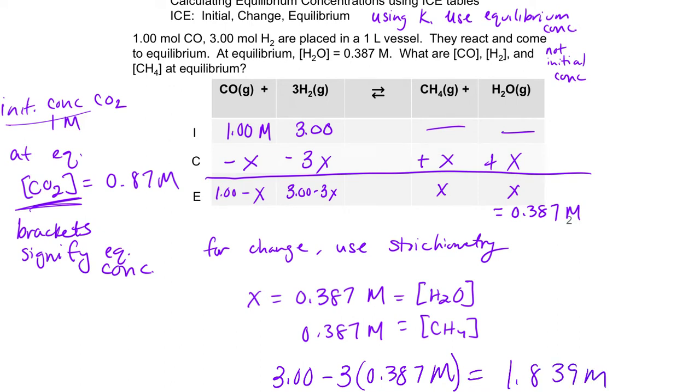And then for carbon monoxide, 1 minus X, 1 minus 0.387, we get 0.613 moles per liter. Okay, so we've answered the problem, which was to solve for the equilibrium concentrations of each of those reactants and products in the equilibrium. Questions on that problem?